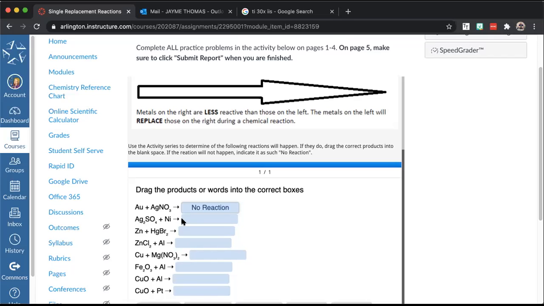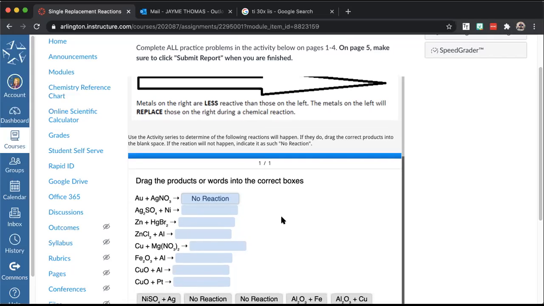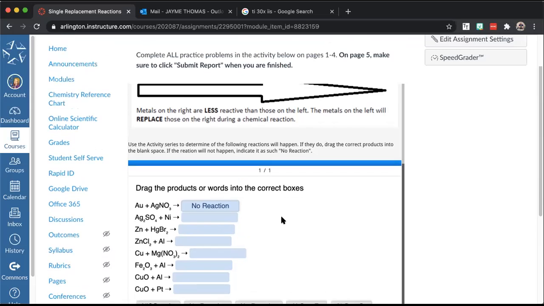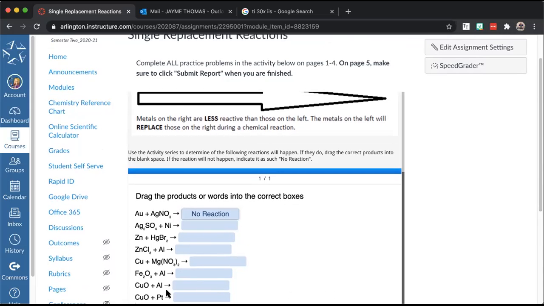Some are a little harder because nickel is a transition metal, so it could be a 2 or a 3. Practice writing it with both, and then when you look down here, you'll see there's only one possibility. So I recommend that when you go through these, you try to write the compound formula on the product side first before you look at your choices. Because if all you do is look at the choices and say, oh, it's obviously this one, then some of your questions on the test are going to be difficult.